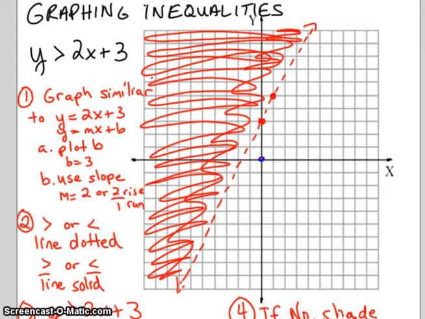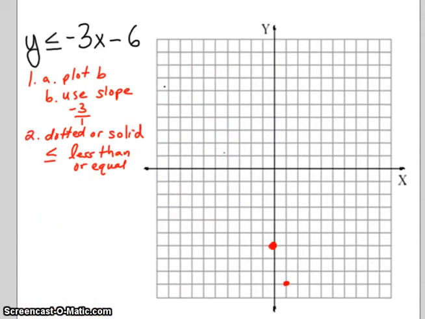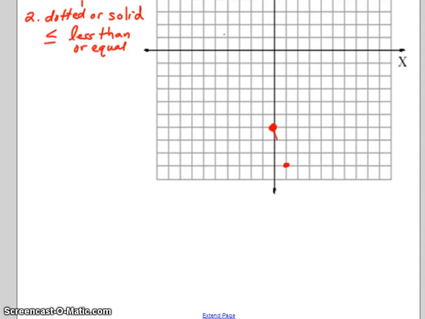If it's less than or equal to, alright, then we draw a solid line. Okay, so we're going to draw a solid line this time through our 2 points.